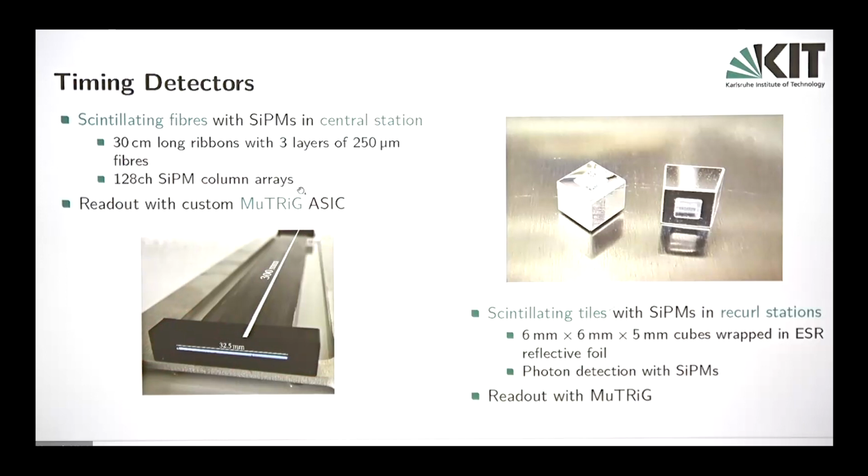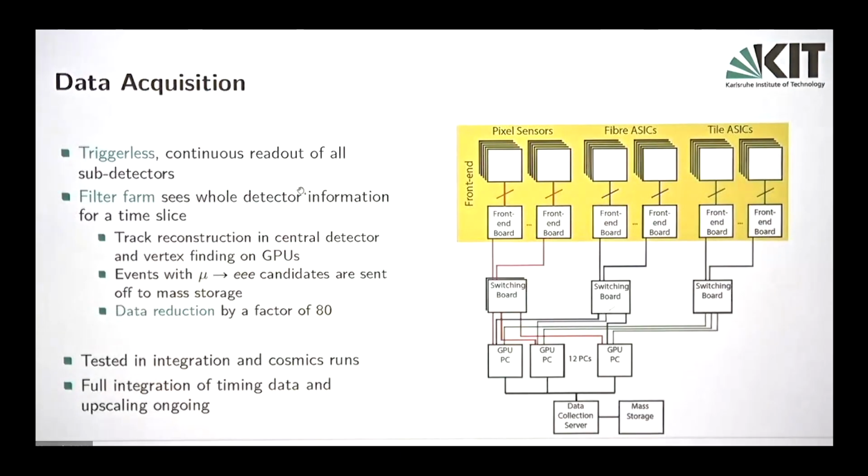The MuTrig is also used here in the tiles. These are about 6 times 6 times 5 millimeter cubes or slanted cubes at the corners of the recurl station, wrapped in reflective foils. And each of them then gets at this point its own SiPM. And this is the timing detectors.